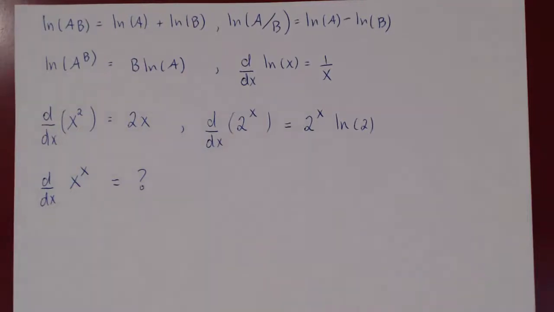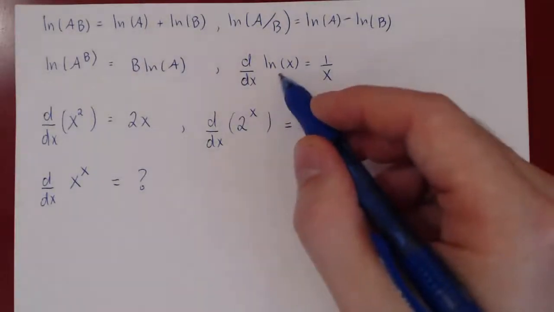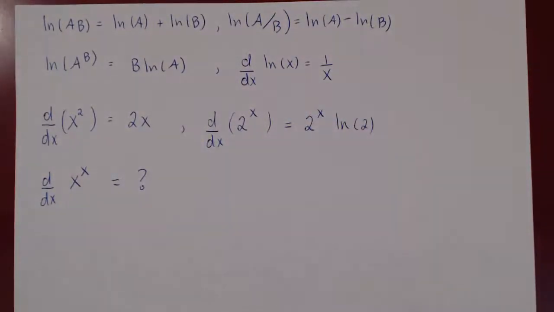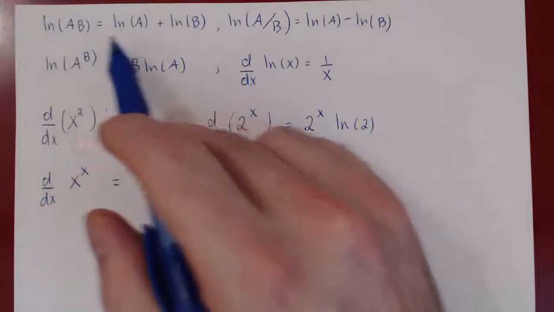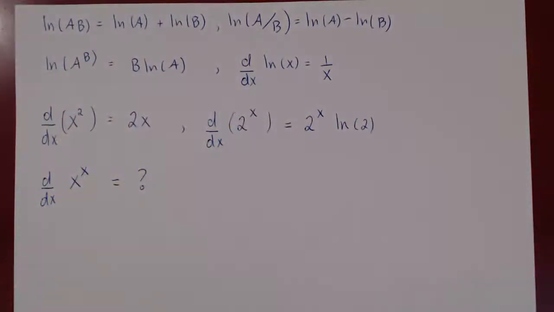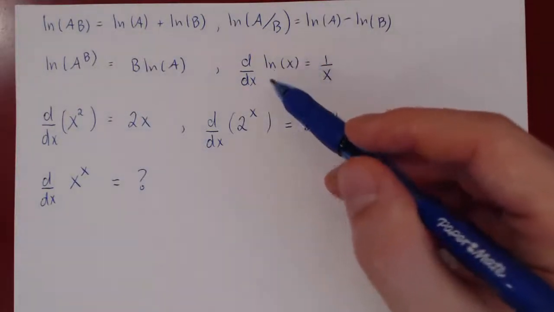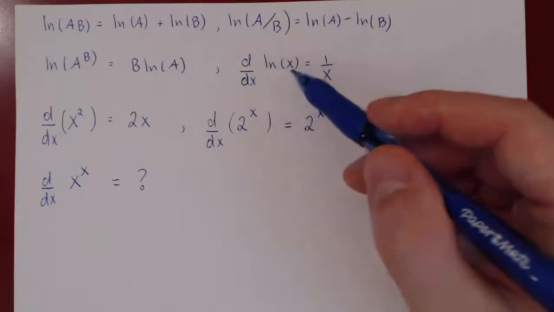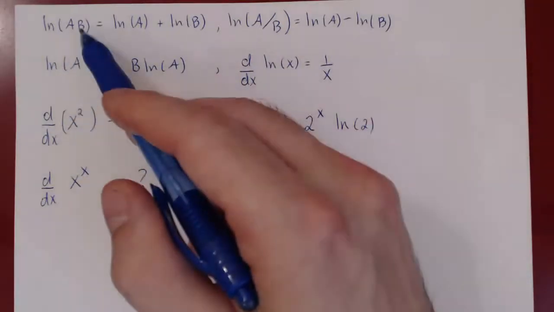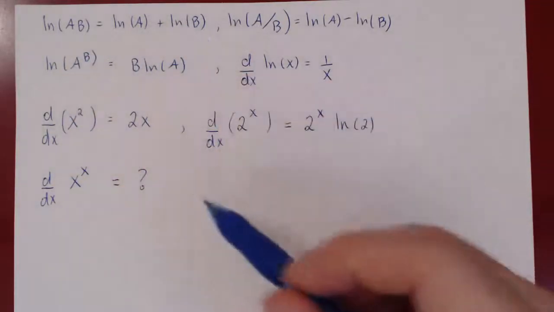Well, do we give up? No. We can summon the power of ln of x. If you look at these properties, these are the 3 key properties of any logarithmic functions. But as you remember, we are only interested in using the simplest one, the logarithmic function base e, ln of x. So ln of a times b is the ln of a plus ln of b.